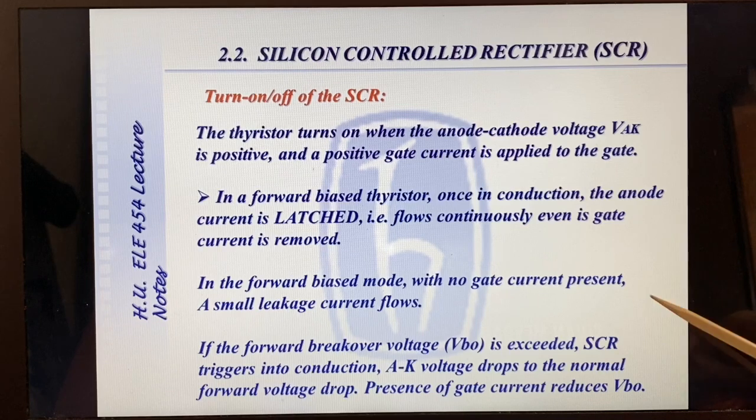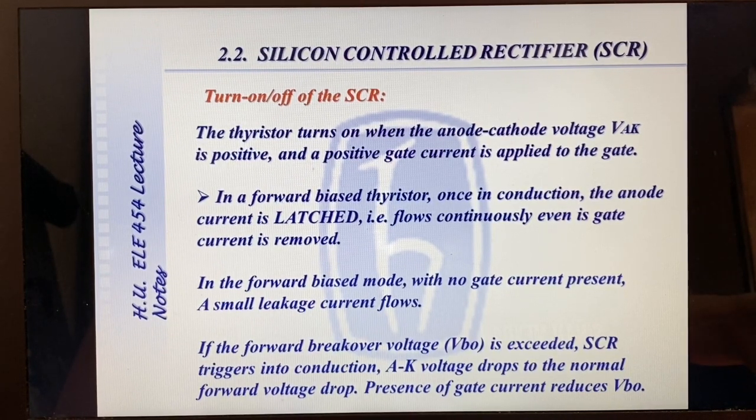In the forward biased mode, if no gate current is present, a small leakage current flows, and this is the forward blocking region. Both forward blocking and reverse blocking regions are available for the thyristor, meaning that forward or reverse bias that are not sufficient to trigger into conduction the device. There must be a gate current to start the conduction. If the forward breakover voltage is exceeded, on the other hand, SCR may trigger into conduction, but this is not a normal way to trigger the device into conduction.